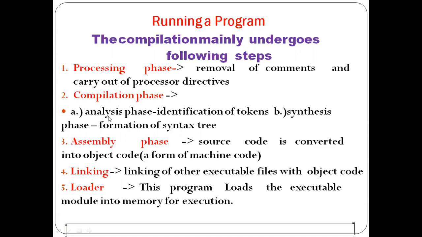What does it do? The analysis phase, which is identification of the tokens you are declaring, and the synthesis phase, which is formation of the syntax tree. Next is the assembly phase, where the source code is converted into object code, the third part from machine code.